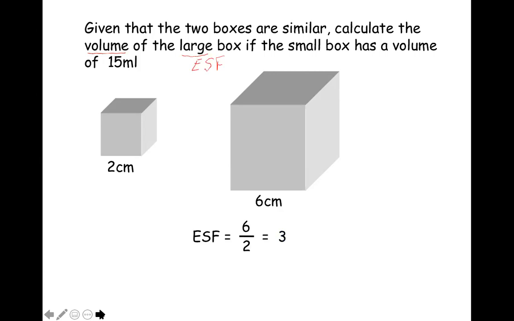Because we're going into volume, the first one was 15 millimeters cubed. We said to go from one volume to the other, we need to cube our scaling factor. So 3 cubed is 3 times 3 times 3, which is 27 times 15. So if it's a non-calculator, you could do 27 times 10, which is 270, plus half of 270, which is the 27 times 5.